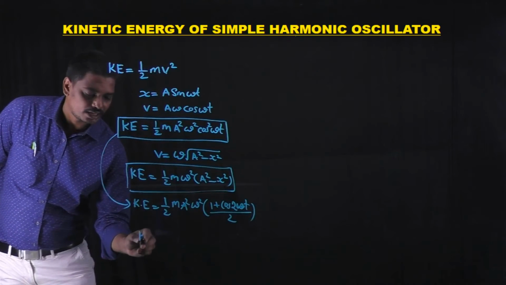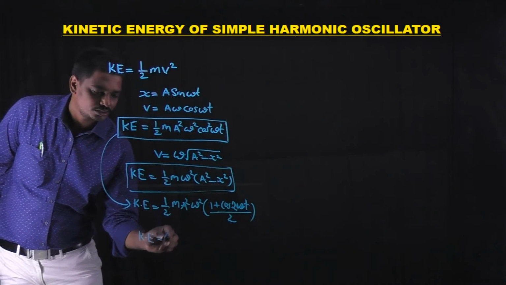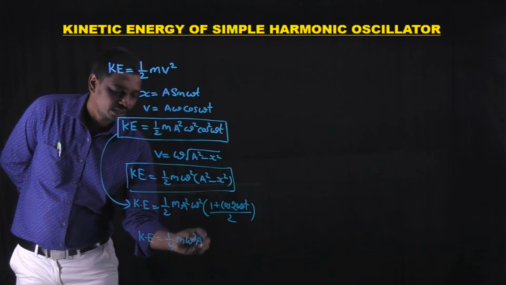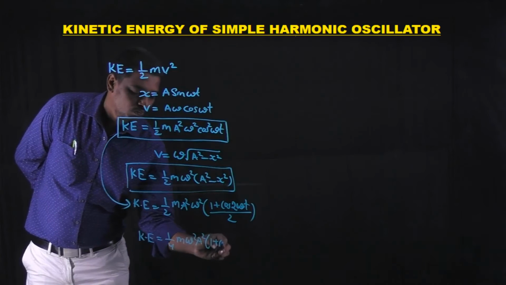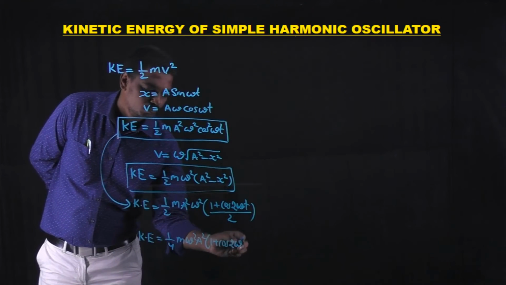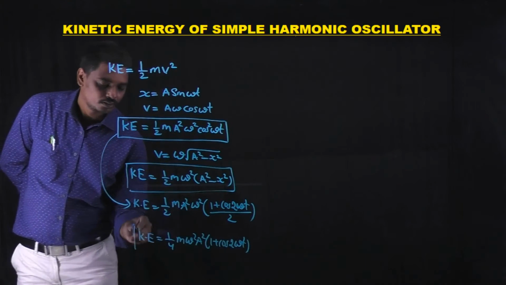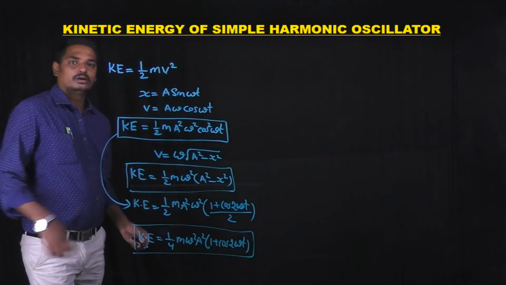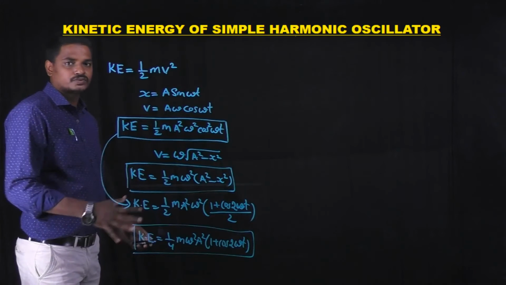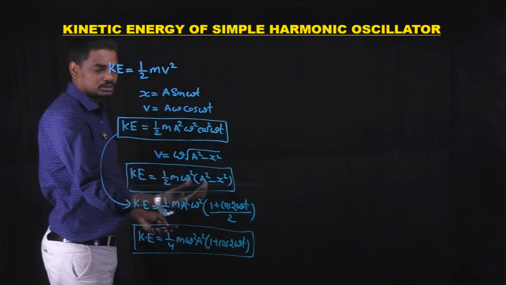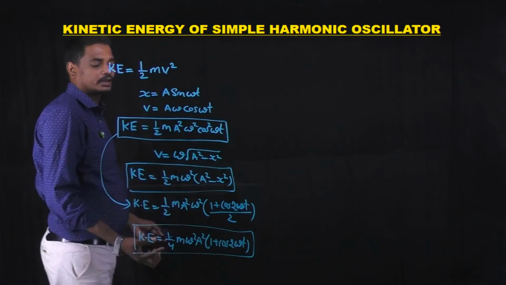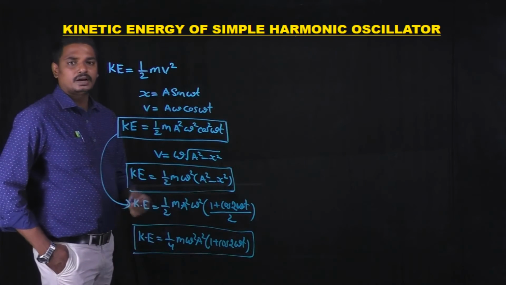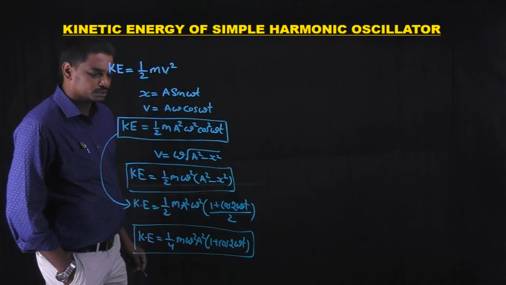So kinetic energy KE is equal to 1 by 4 m omega square A square into 1 plus cos 2 omega t, which is another expression for the kinetic energy. All these three are the same expression for the kinetic energy. This one is in terms of displacement and the others are in terms of the phase of the particle performing simple harmonic motion.